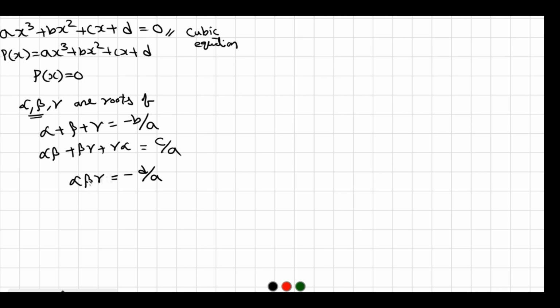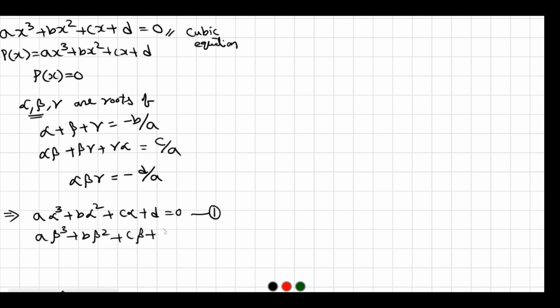So how do you derive it? As I said, if alpha, beta, gamma are the roots of the cubic equation, each must satisfy it. The first equation is a into alpha cube plus b into alpha square plus c into alpha plus d is equal to 0. Similarly, the second equation is a into beta cube plus b into beta square plus c into beta plus d is equal to 0.